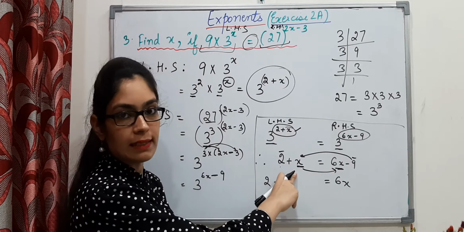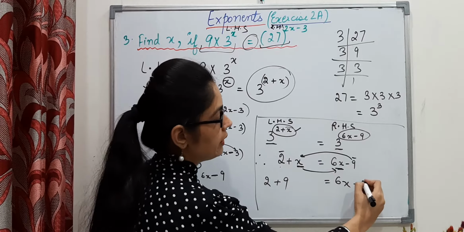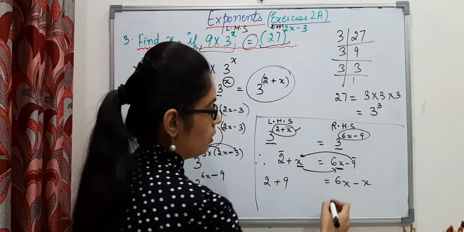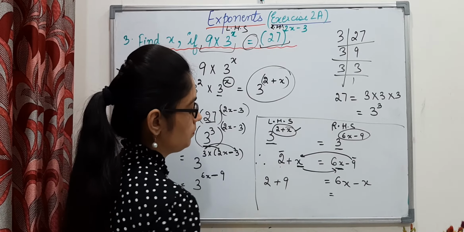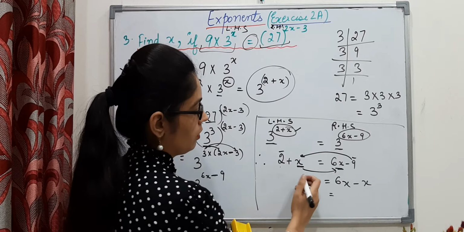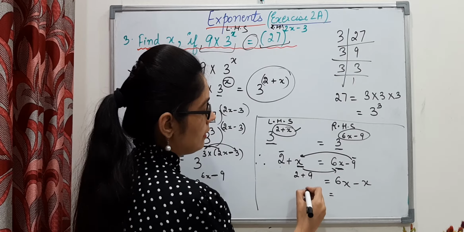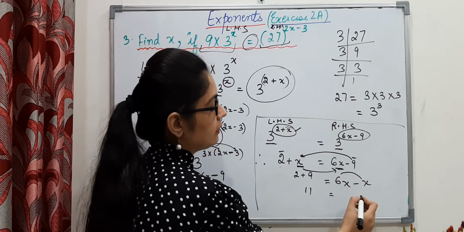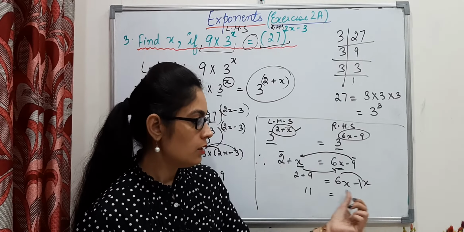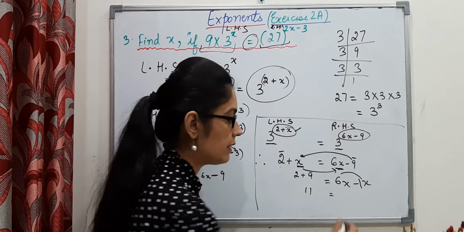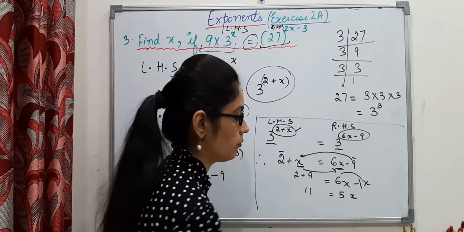So plus x, on changing the side it will be changed to minus x. Now 2 plus 9, 2 plus 9 is 11, and 6x minus x, see x only whenever it is written, that means it is 1x. So 6 minus 1 is 5, x as it is we can write.